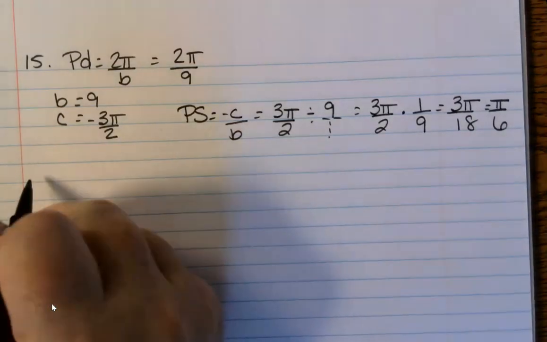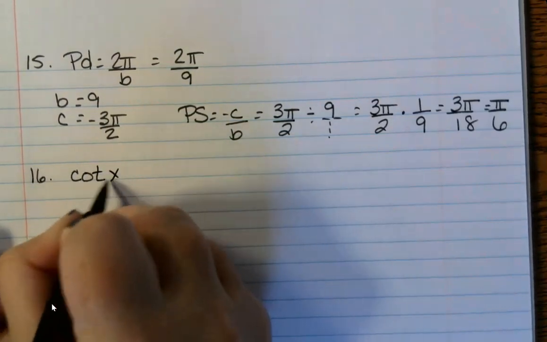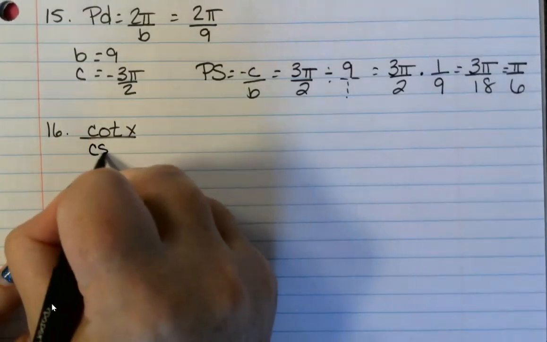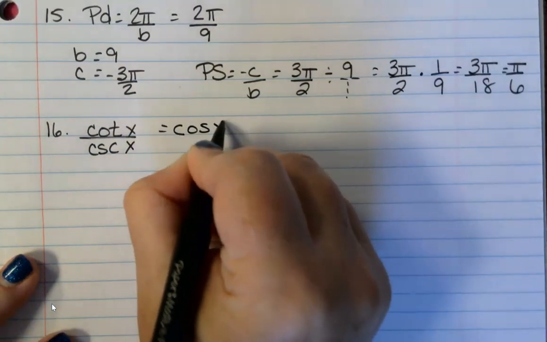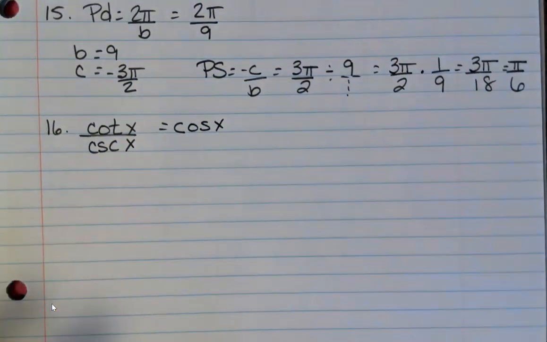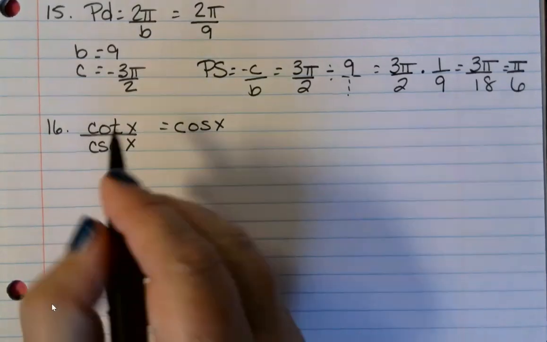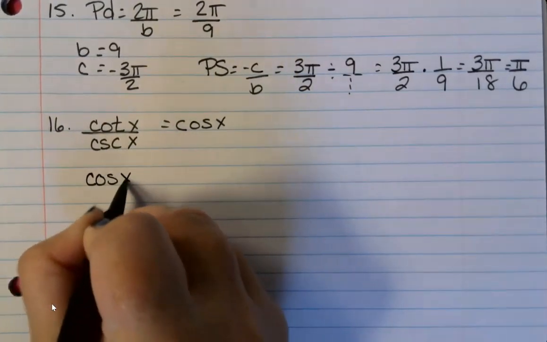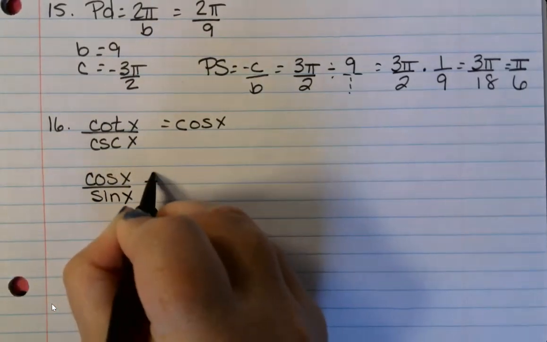Okay, and number 16. Again, you will have your identity sheet. We did some practice yesterday on this. Here we go. We're going to prove the left-hand side is equal to the right-hand side. So cotangent is cosine over sine. And this is what I'm going to do, divide.